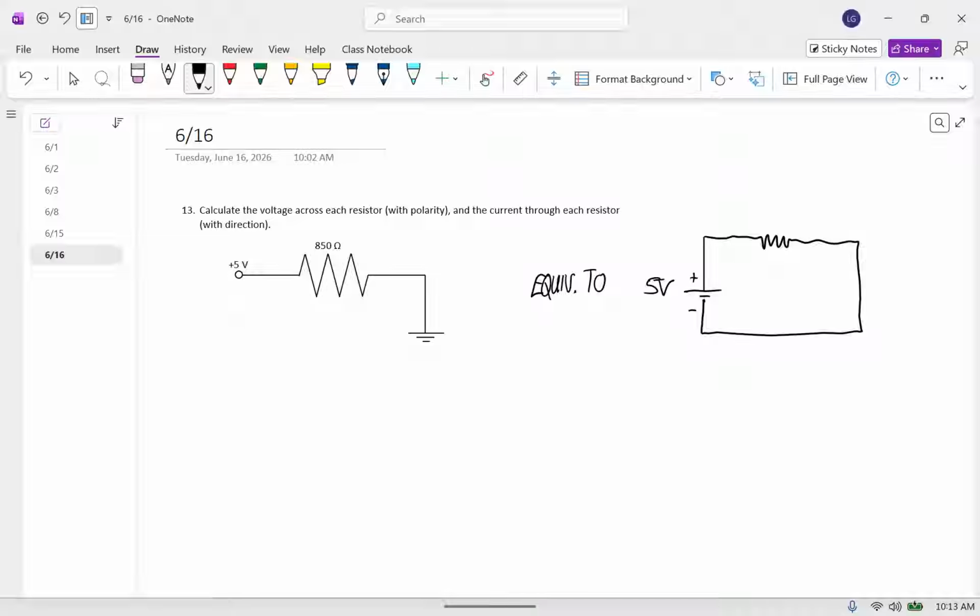Okay, so notice that the voltage difference, since the ground, we're thinking of that as 0 electric potential, this is plus 5 electric potential compared to that ground. So it has the exact same effect as a battery of 5 volts. This is 850 ohms.